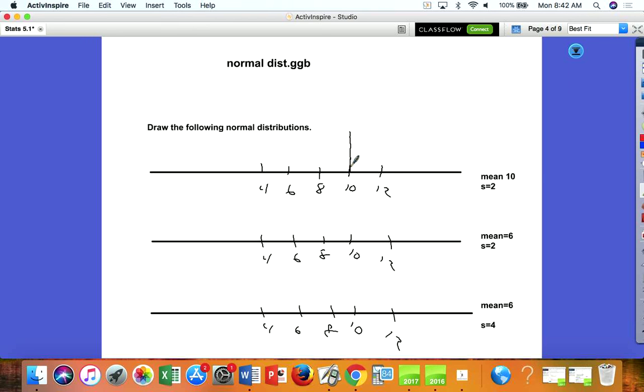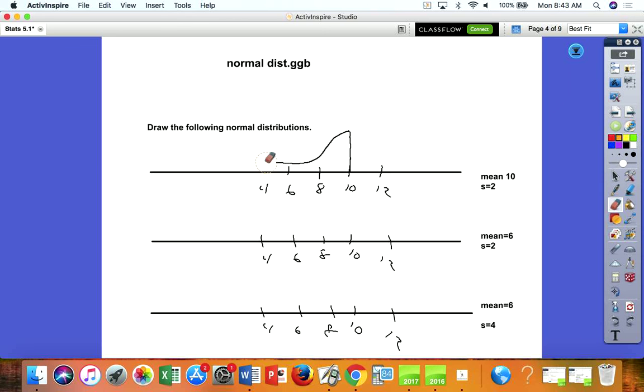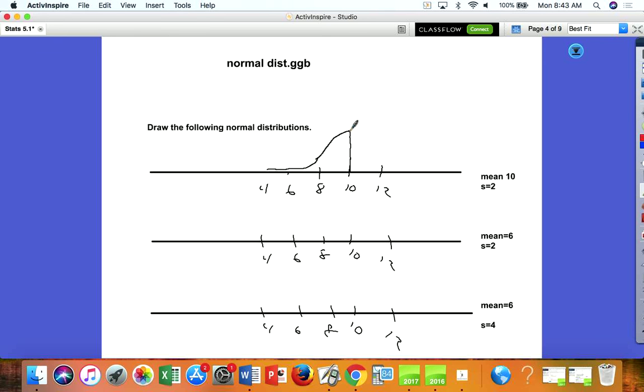So I'm going to put a line at the mean that's about this high, and I'm going to try to make my inflection point 2 units to the left. So I'm going to draw a curve and try to make it start curving up about there. And I should be drawing it a little, it should be getting closer. I didn't do a very good job of that, but I don't expect you guys to be perfect either. Maybe I'll go a little lower. And then try to make it symmetrical on the right.